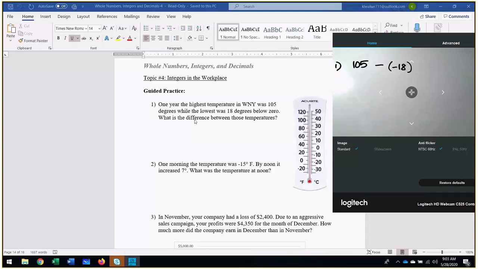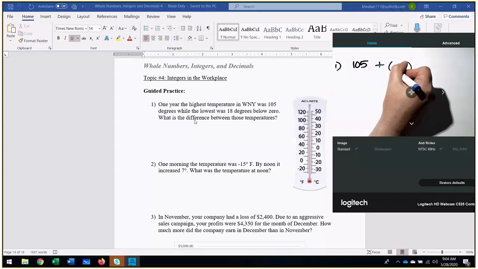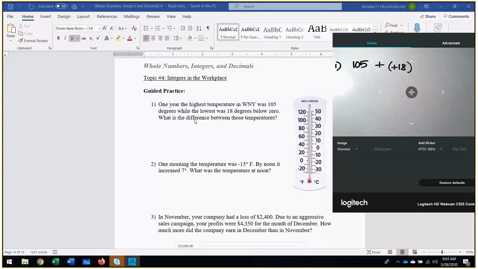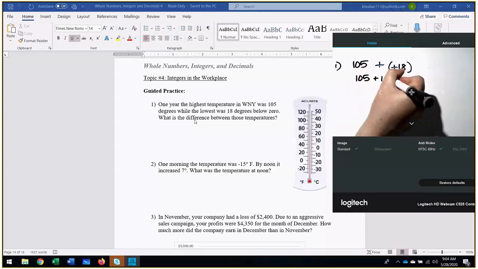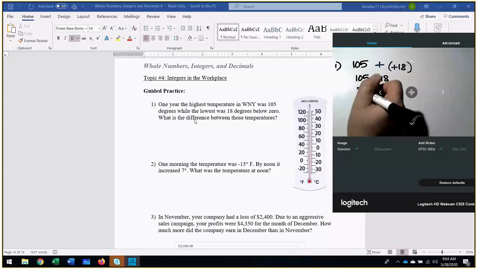Now, when I go to carry out the calculation, I've got to bring in the rules for integers. Since I'm subtracting a negative, this is when I can do the keep, change trick. And I'm going to, because it'll make it easier. So you keep the 105, you change your minus, and then you change the sign of whatever comes second. That transforms the problem into this, which is very easy then.